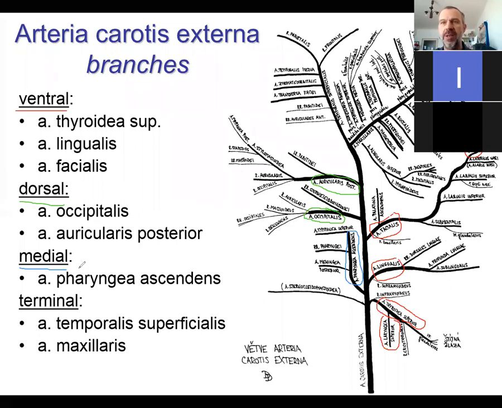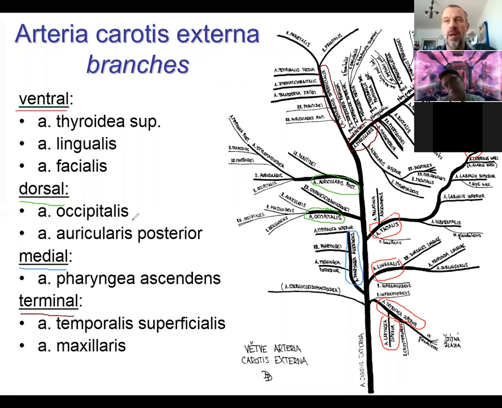So ascending pharyngeal artery. And then we have the final branches, which we call terminal. And the terminal are maxillary branches supplying the depth of the face, yeah, as far as the pterygopalatine fossa, and terminating as the infraorbital artery, so below the eye here, and the superficial temporal artery, which supplies the covers of the skull.